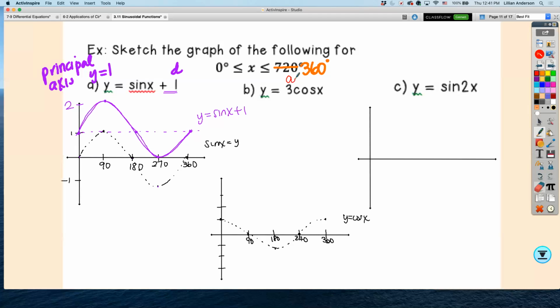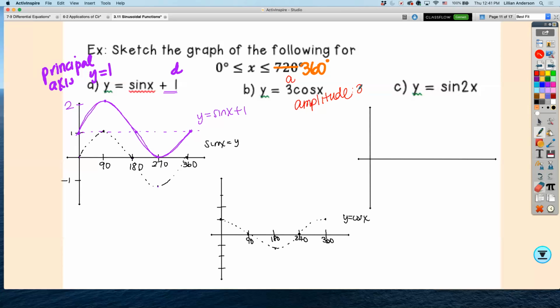Amplitude. So the amplitude of this graph is 3. The amplitude represents the distance between the midline, or sorry, the mean line, the principal axis, and a maximum, or the principal axis and a minimum.